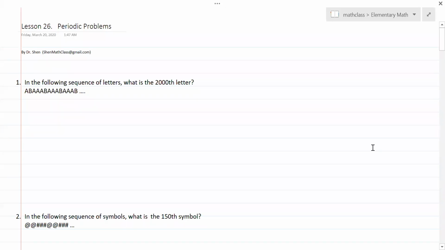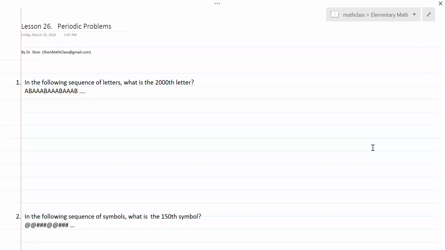Today I'm going to talk about periodic problems. Periodic problems mean that some pattern changes periodically. Some objects in the pattern change periodically, and then you try to find or identify some object in the sequence based on the period.